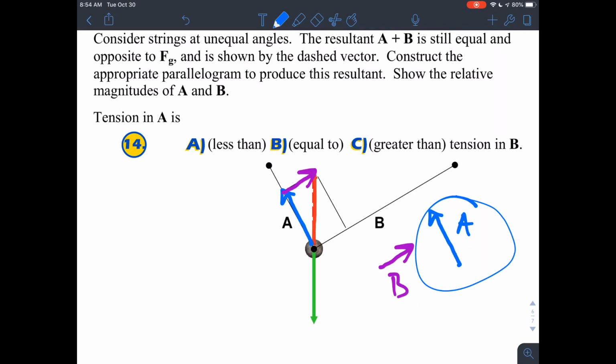So A is much longer. That tells us that the tension in A is greater than the tension in B. A is pulling harder, and the reason for that is because A is pulling up more than B. A has more of the weight distributed to it than B does. So A has greater tension.